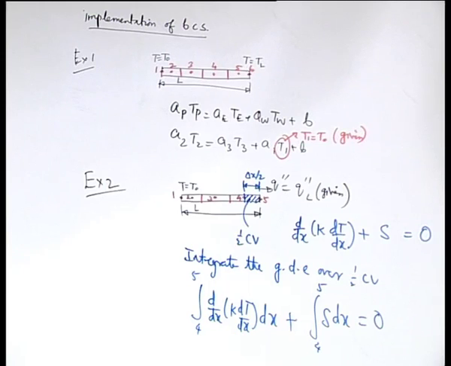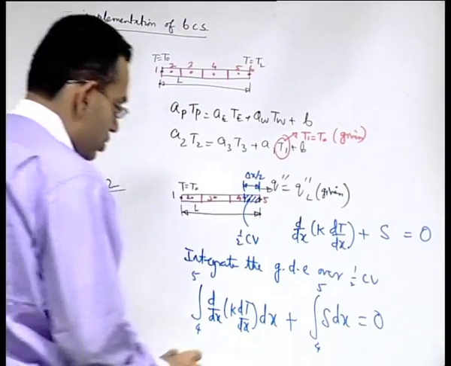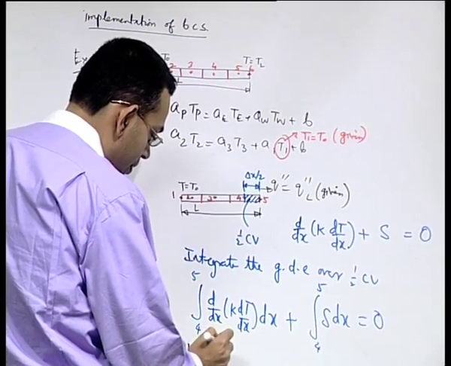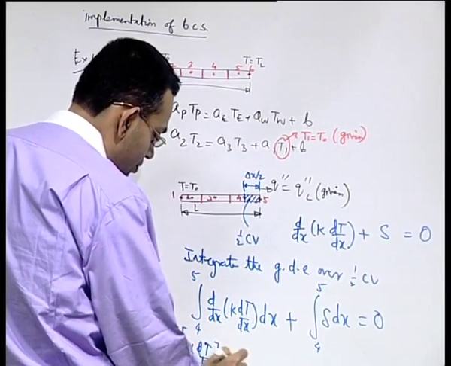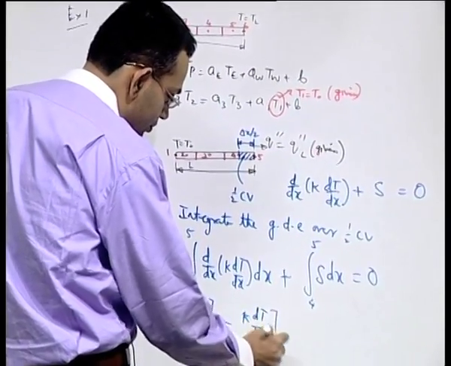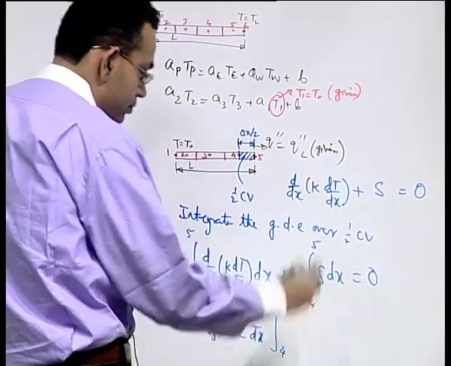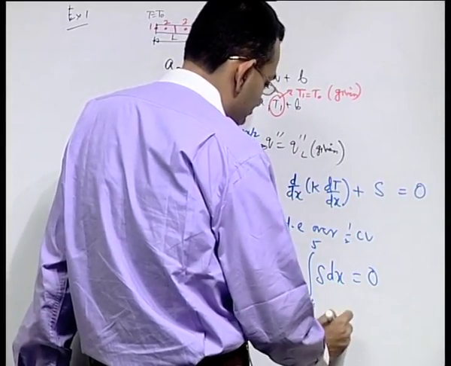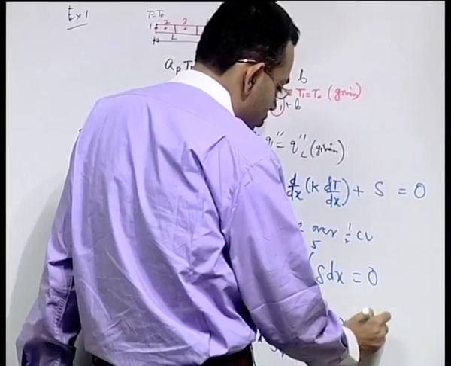So, 4 to 5 the distance is delta x by 2. So, this becomes k dT dx at 5 minus k dT dx at 4, plus s delta x by 2 equal to 0.